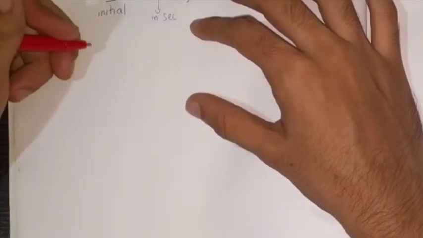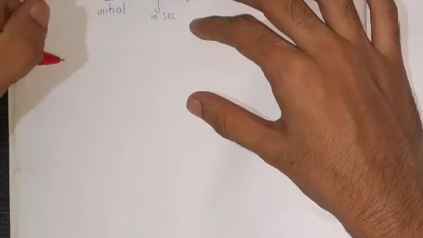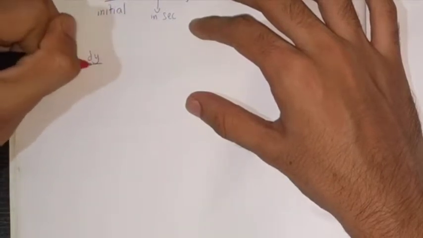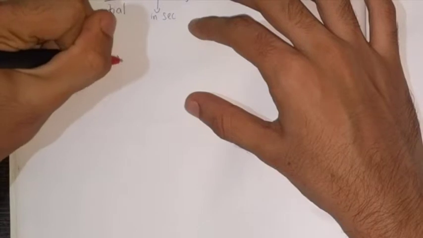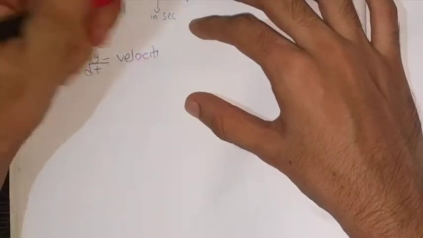So the first part of the question asks us to find dy by dt, which is basically the velocity of the mass.